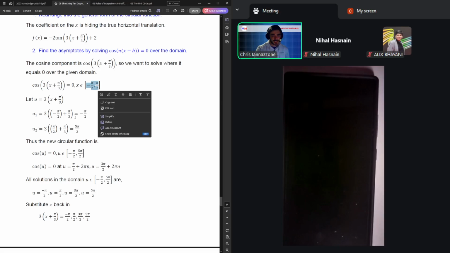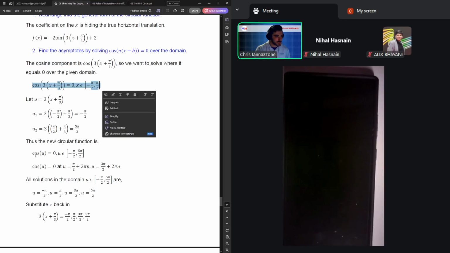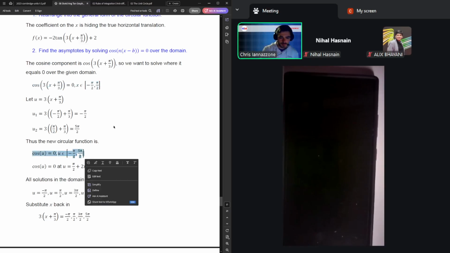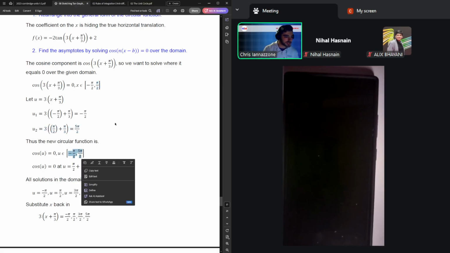If you want to convert those x values to u values, you shove the x values into the x spot, and whatever that simplifies down to is now a u value. So you go from having a complicated x equation to a simpler u equation. That's the idea. So you shove in negative pi on 2, and funny enough, negative pi on 2 does actually come back out in this case, but if you shove in positive pi on 2, you're going to get 5 pi on 2, both of which are going to appear as our new upper and lower of the domain.